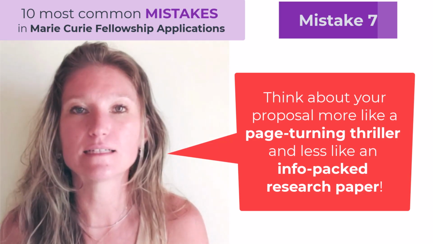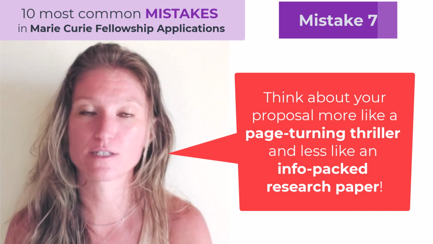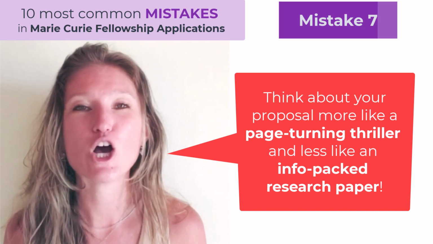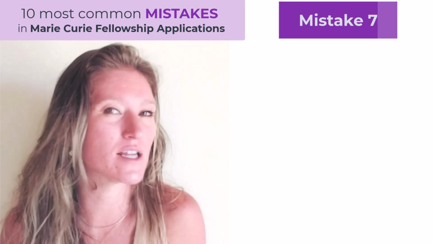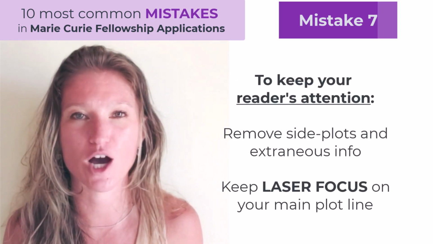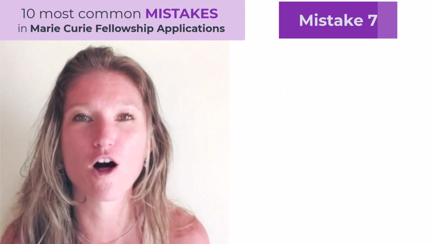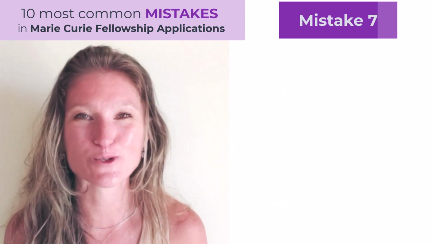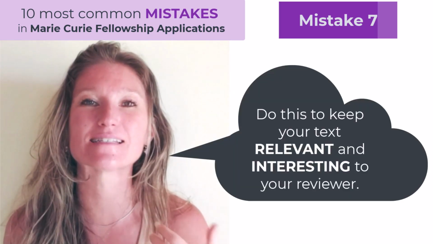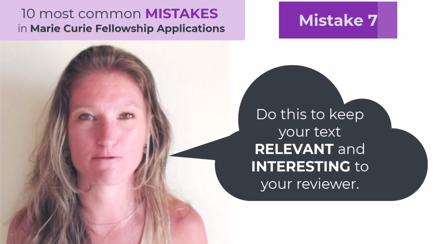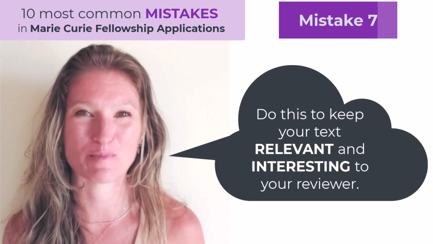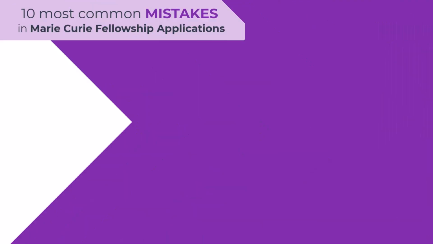You need to keep your reader's and your reviewer's attention through this proposal, so you can't keep having extraneous information and side plots going on. You need to be very focused on the plot or the point of your story so that it stays on topic, stays interesting and relevant to the reader, and saves you space for that context in point 6.